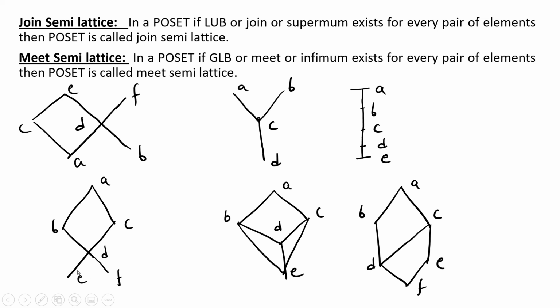Then here for E and F we don't have a lower bound, so that's why we don't have a greatest lower bound. So that's why this is not a meet semilattice. For B, E and for C, E we have a lower bound and greatest lower bound, so this is a meet semilattice, and this is a meet semilattice also.